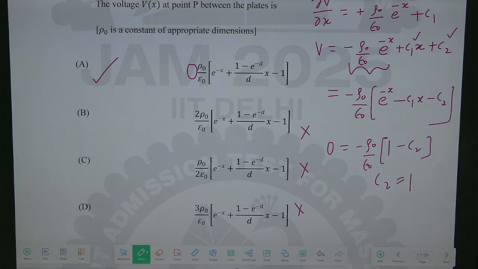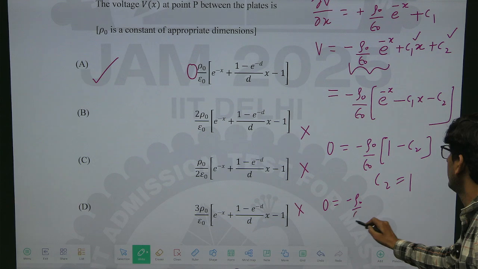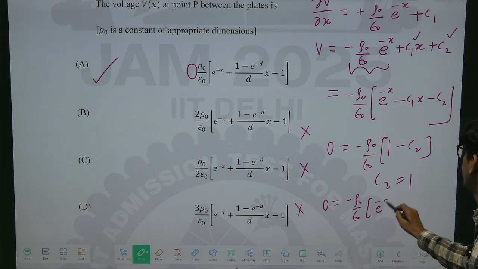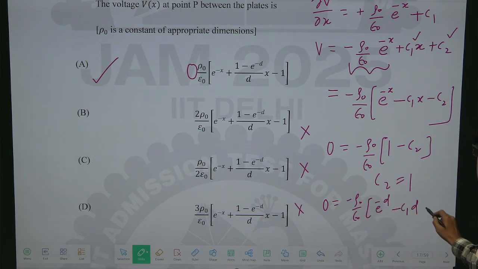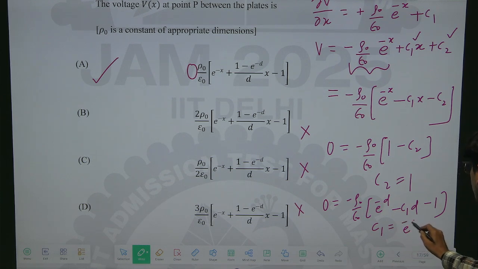And at x is equal to d, this is also 0, so 0 minus rho naught by epsilon naught e to the power minus d minus C1 d minus 1. Get the value of C1 from here. So C1 will be equal to e to the power minus d by d.